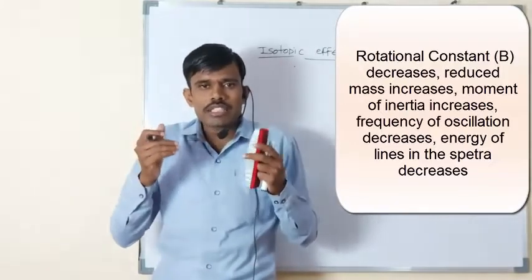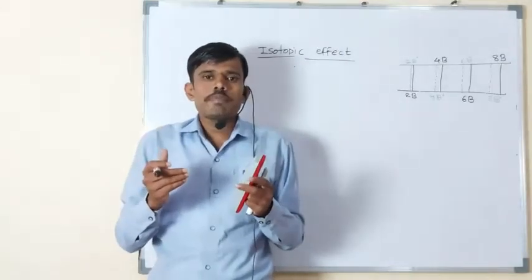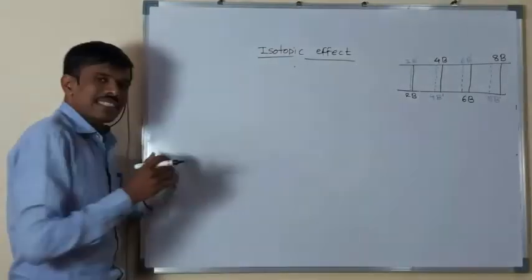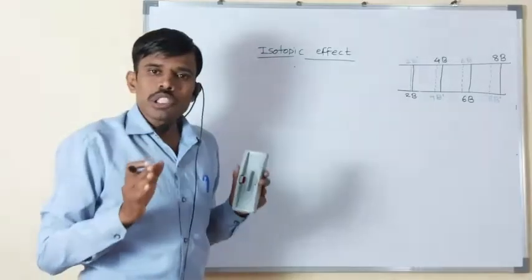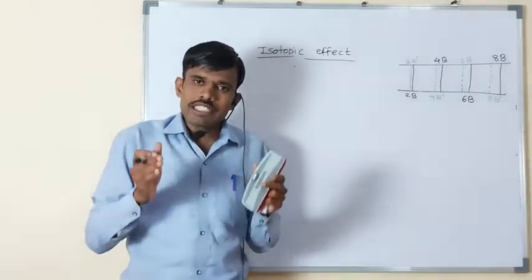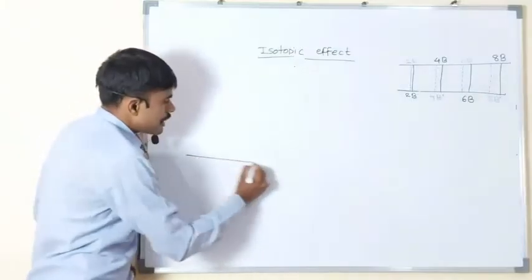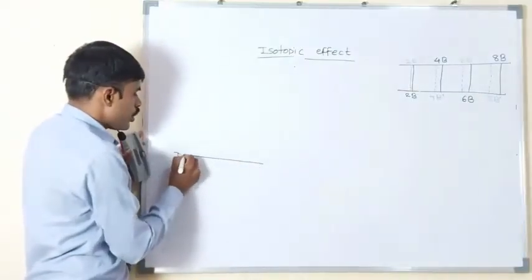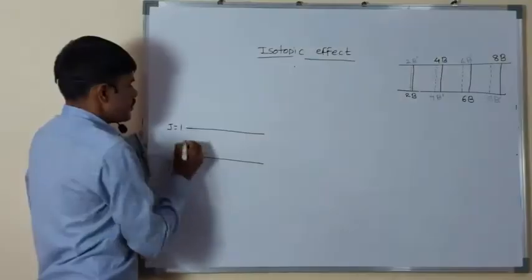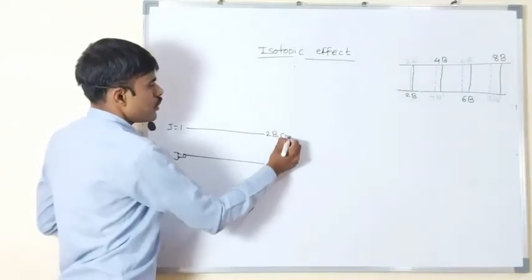Due to decreasing rotational constant B, the frequency or the energy of line decreases. So you can see the effect which is observed in the spectra, and in the energy levels. This is the first energy level having J equal to 0, J equal to 1 is 2B, this is 0 centimeter inverse.